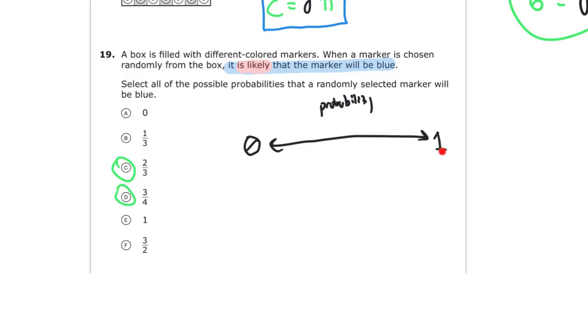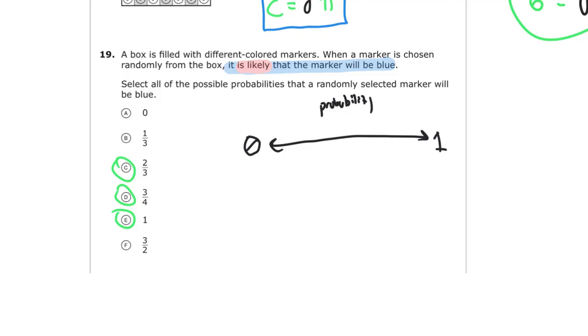Okay. Now, it's kind of interesting because this should be an answer, I think, because not only is it likely that the marker will be blue, right?